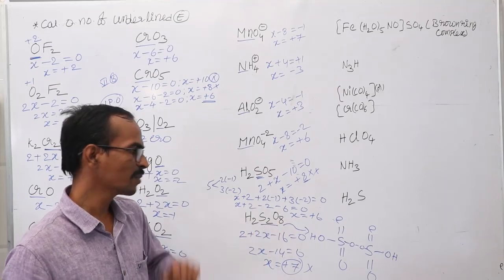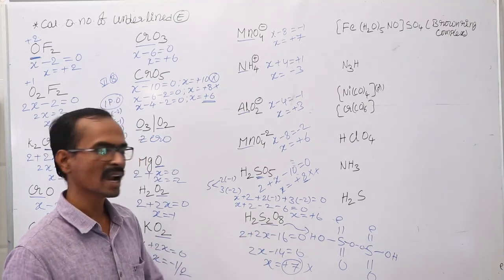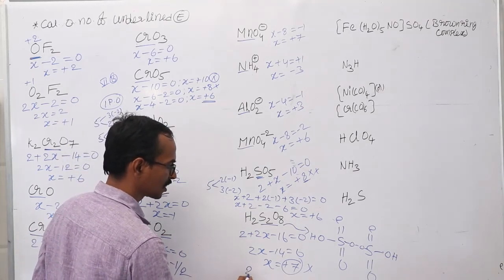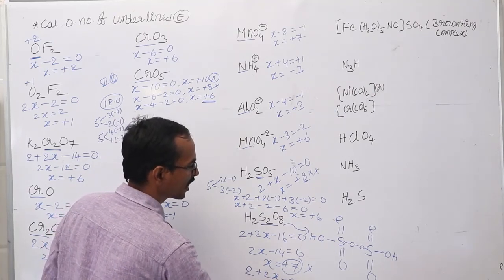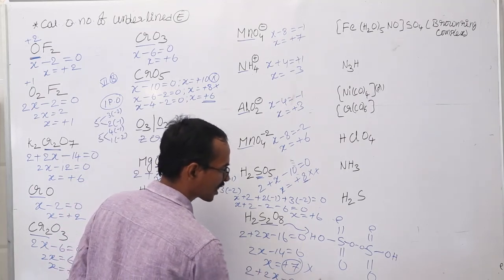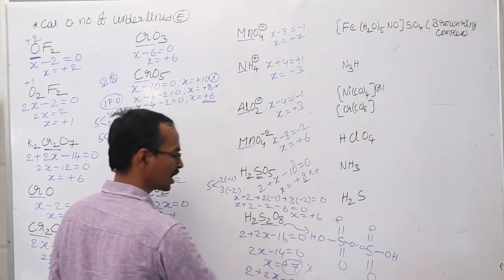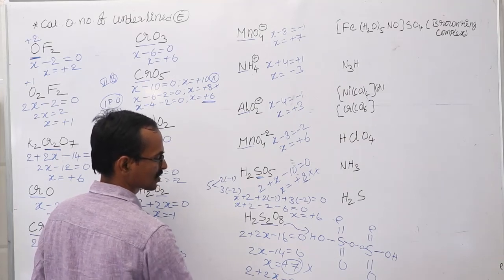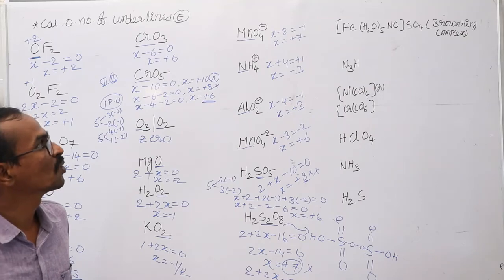So if one peroxide bond is there, 2 oxygen atoms are having -1 oxidation state. So what can I write? 2 plus 2x minus 2, out of 8, 2 are having a -1. So remaining are having -2, -12 is equal to 0. Then 2x minus 12 is equal to 0. X is equal to +6. Right? This is the oxidation state of sulphur in H2S2O8.